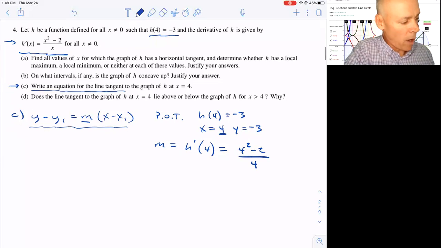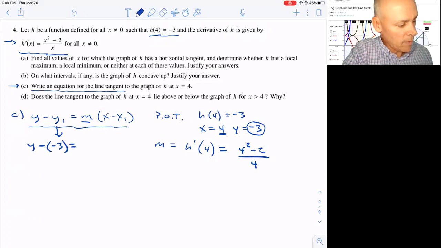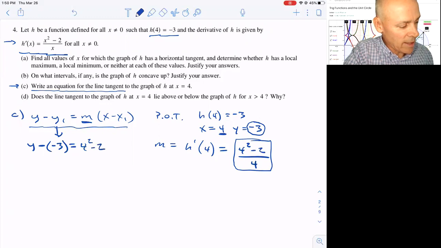So this is going to become y minus my y1, which is -3, is equal to my slope m, which is right here. So I'm just going to write it like that. I'm not going to simplify anything because that just takes time. 4 squared minus 2 over 4 times x minus, and my x1 is going to be right there.